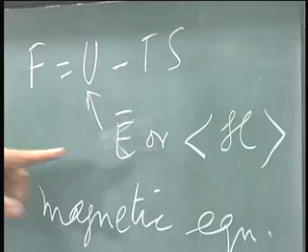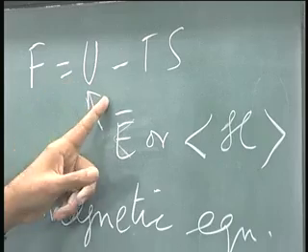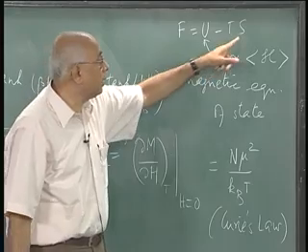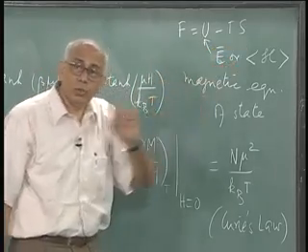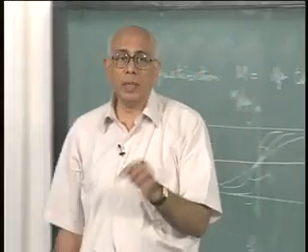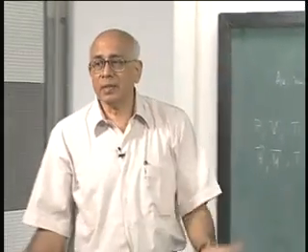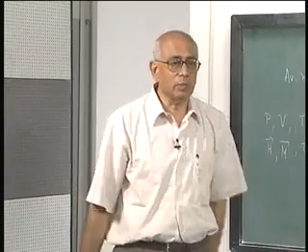So F is dominated by this quantity as you go to lower and lower temperatures, because T becomes smaller and smaller, and S also becomes smaller because S is k log omega, and omega is the number of accessible microstates, and that decreases as the temperature decreases.